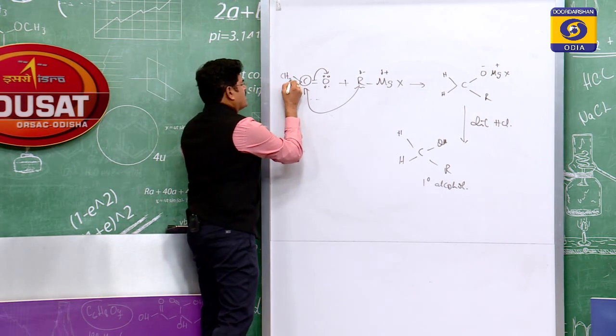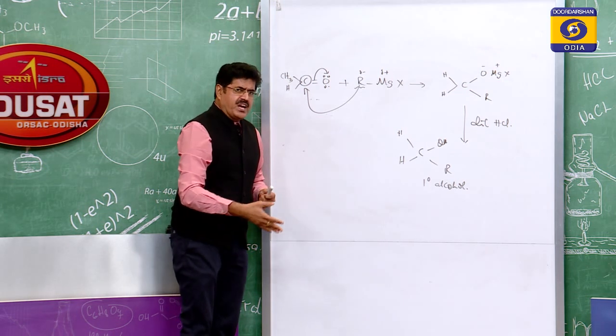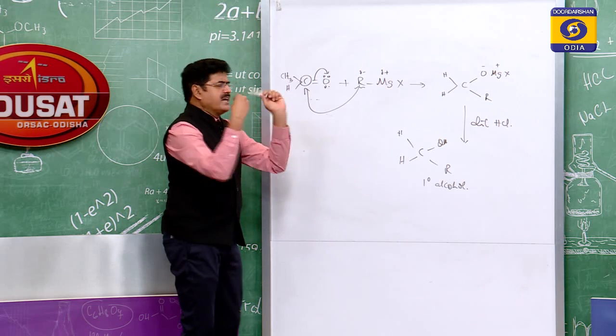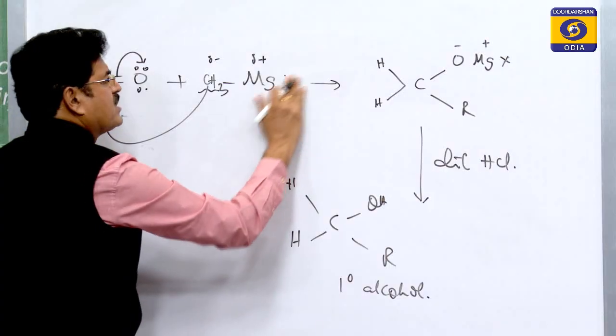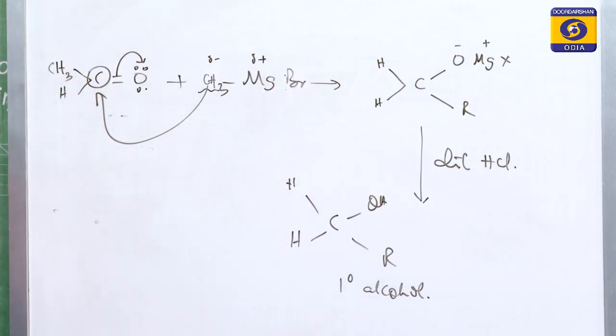Let us start with acetaldehyde. Aldehydes other than formaldehyde give secondary alcohol. So, with acetaldehyde, let us take methyl magnesium bromide, the Grignard reagent.